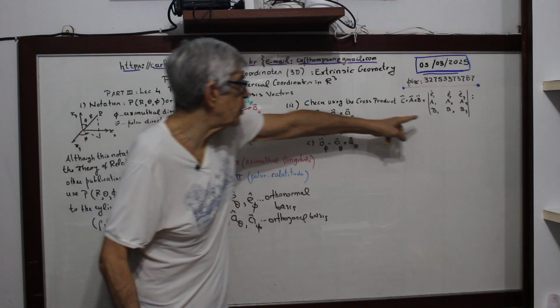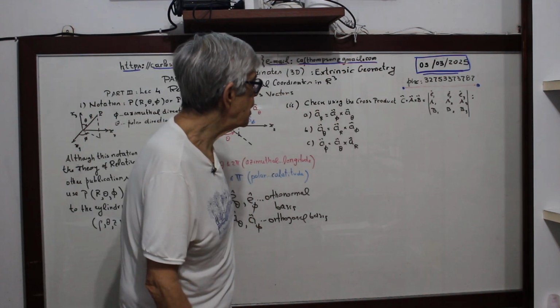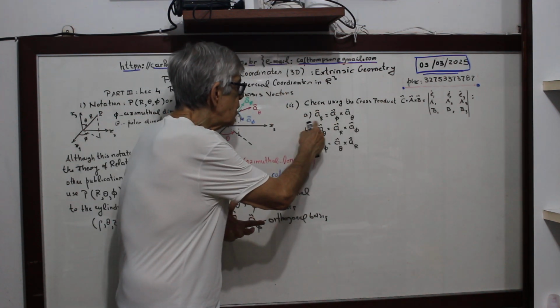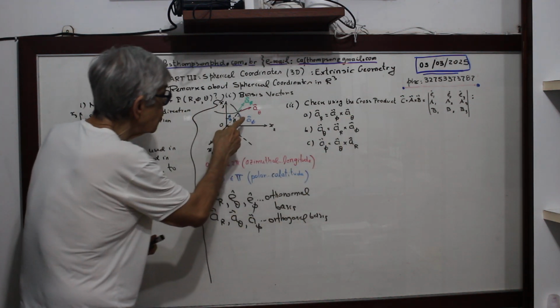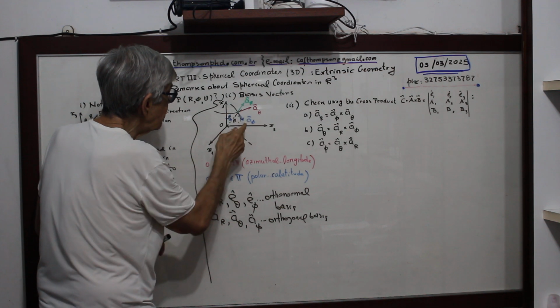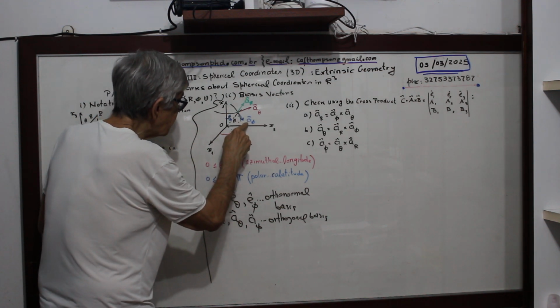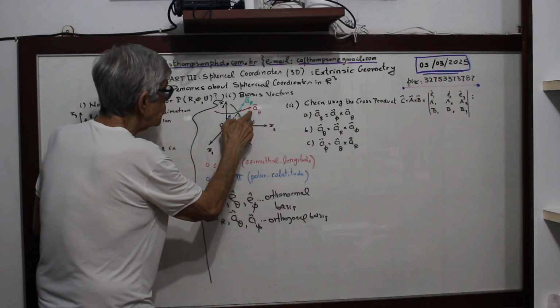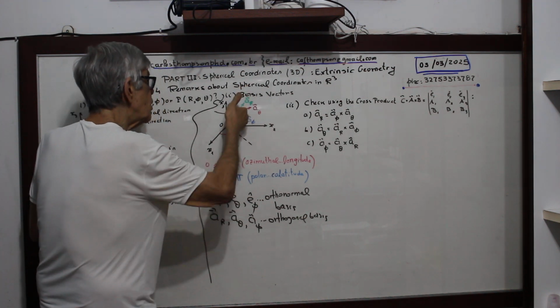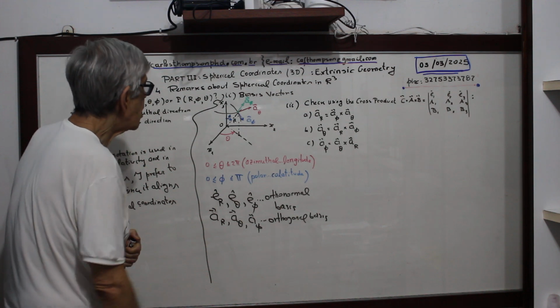So you can apply this just to check A r, A phi cross A theta. Look, this A sub phi, if you rotate, you reach A theta. So there's a point of the r position.